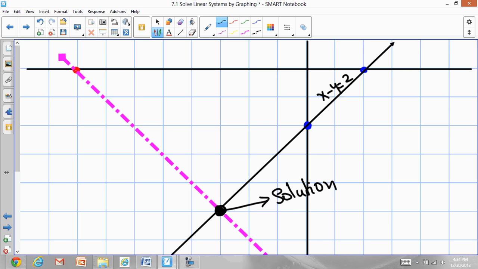So the answer will be negative 3, comma, 1, 2, 3, 4, 5, which is negative 5. So this is the solution for the system of equations: negative 3 and negative 5.